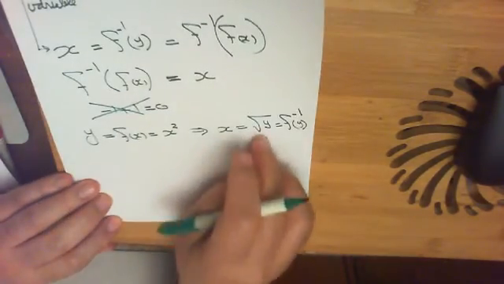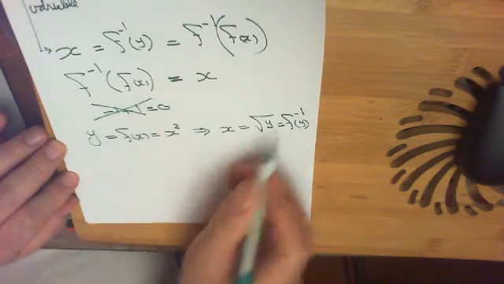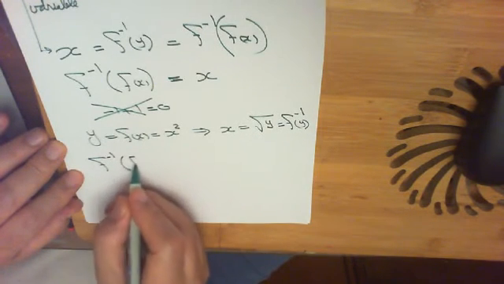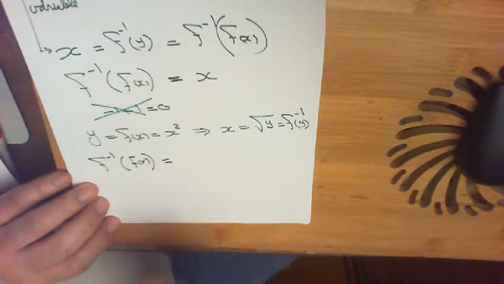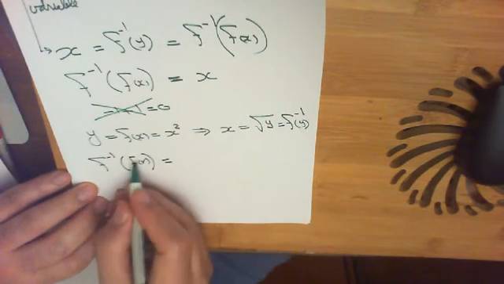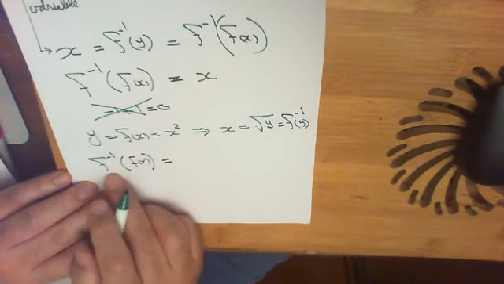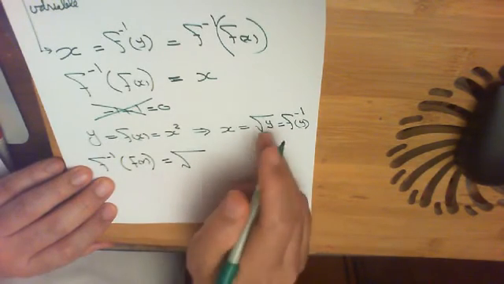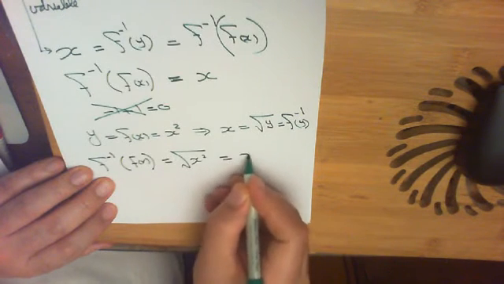So here if we have f minus 1 of f of x, this means that you replace y by f of x. So we have root of y, replace y by f of x, which is x squared, which will result in x.